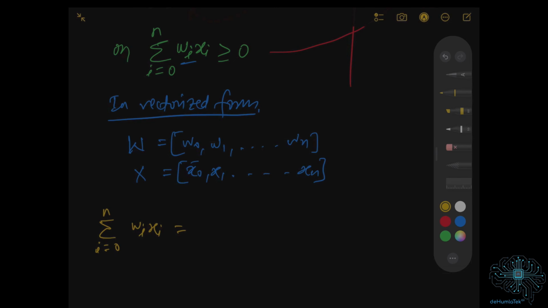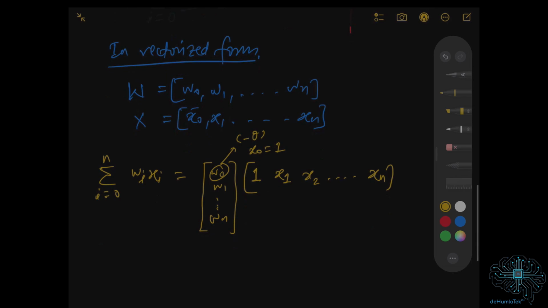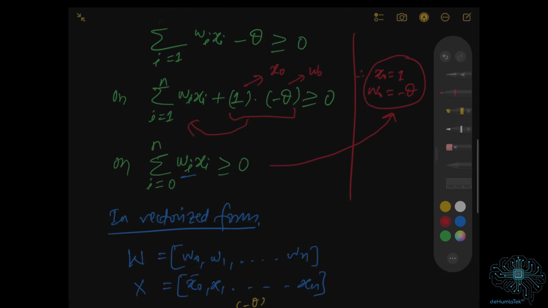This can be written with 1 first, because x naught is 1, then x1, x2, up to xn, and w naught is minus theta, and x naught equals 1. We have to remember this. So this can be written as w transpose x. This is the vectorized form of this equation.